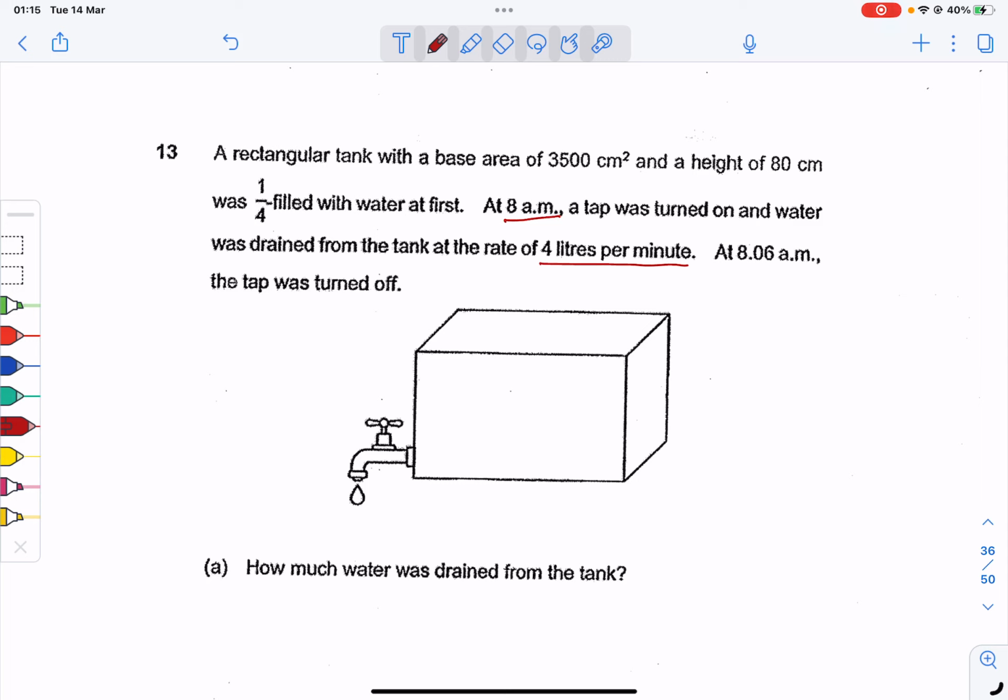So when we have 1/4 filled, it means 3/4 empty at first. Now from 8 a.m. to 8:06 a.m., it will be 6 minutes of water that drained off.